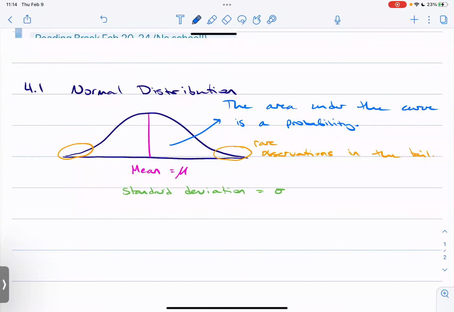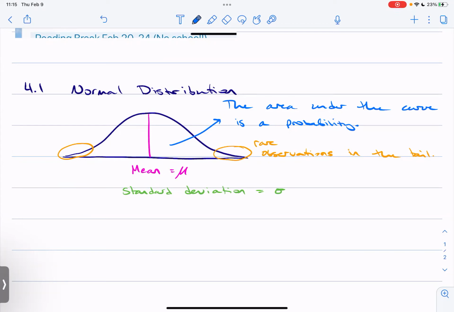So the probability of being out here is very small, so this area is small. Hanging out around the mean, the probability is quite high, so we have a large probability. The area under the curve is a probability.